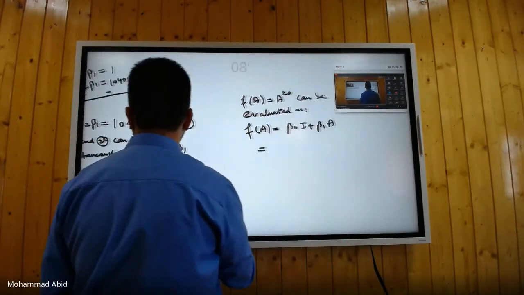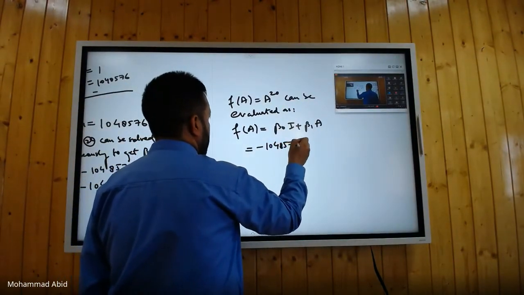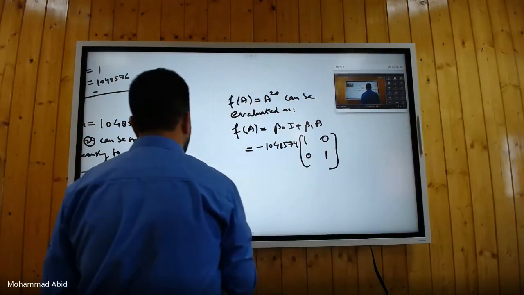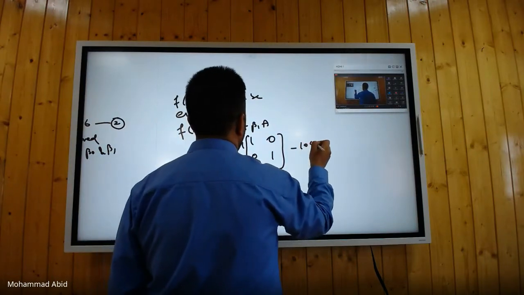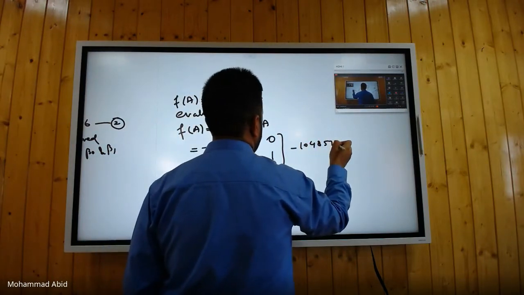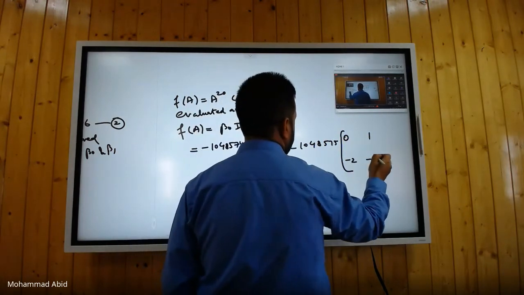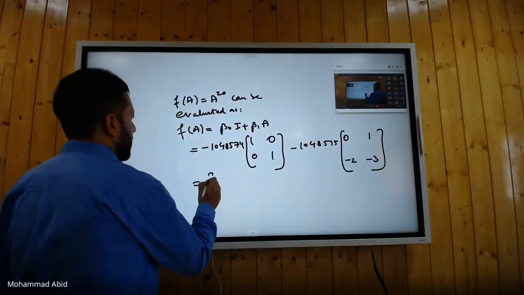Beta naught is minus 1048574, I is the identity matrix, plus beta 1, that's minus 1048575, into A. A is 0, 1, minus 2 and minus 2. So this is it.